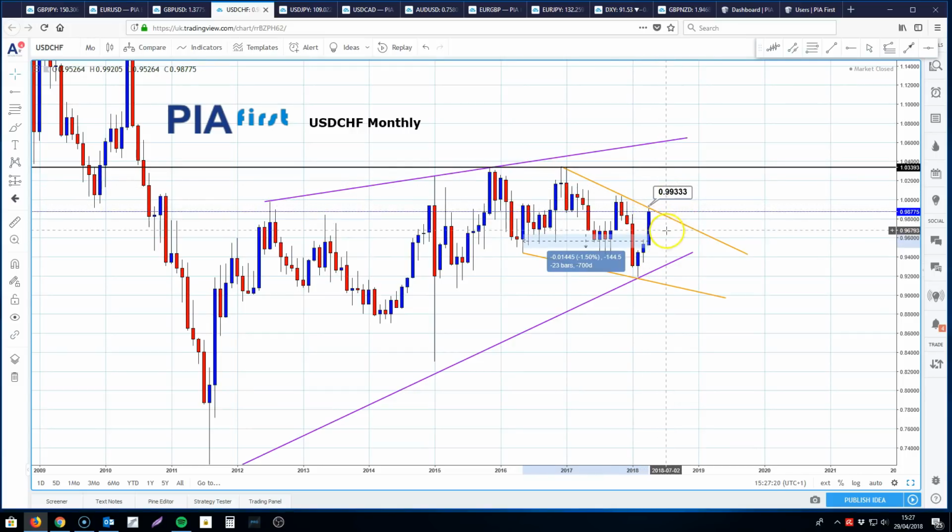So even if we do correct lower from this trend of lower highs, then we would look for dips to be bought. This month's Maribuzo level is probably going to come in around 97, the figure. That's the midpoint from the open and the close. And on a breakout of this wedge formation, we're looking for a move to around 103.50.